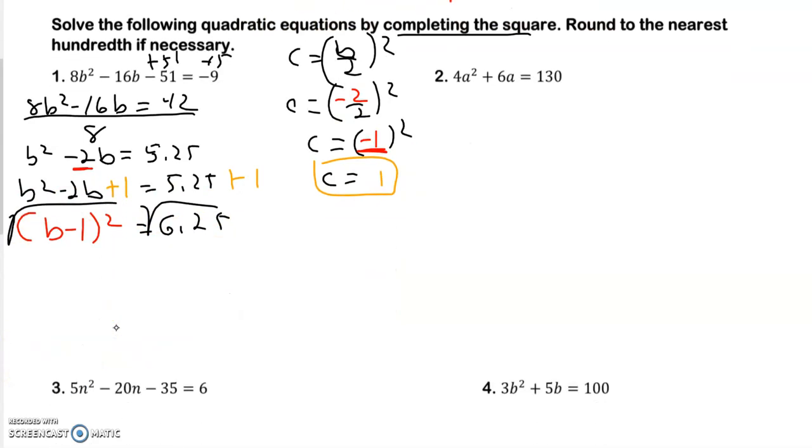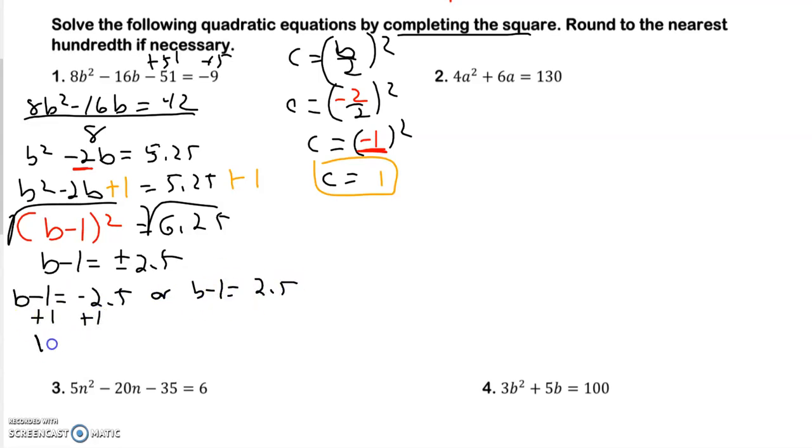Keep in mind when you have an exponent of 2, you have to give me 2 answers. You have b minus 1 equals plus or minus 2.5, so b minus 1 equals -2.5, or b minus 1 equals positive 2.5. And I get b equals -1.5, or b equals 3.5.